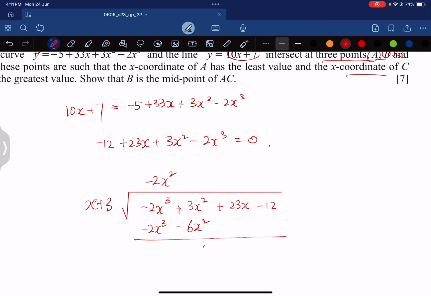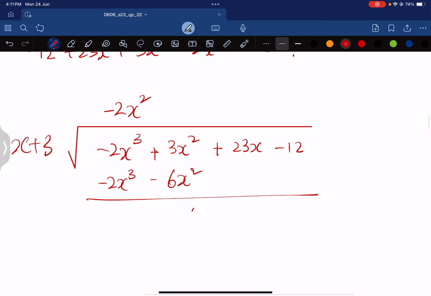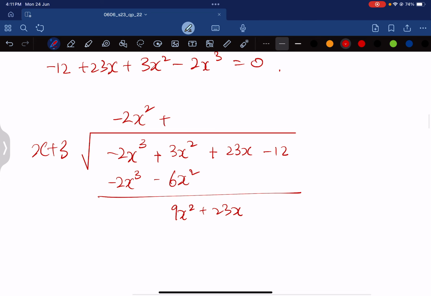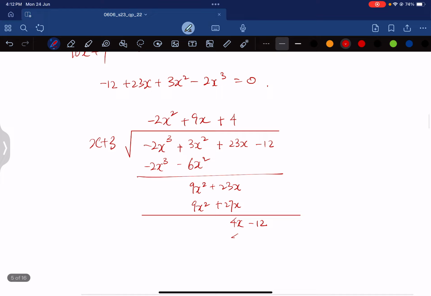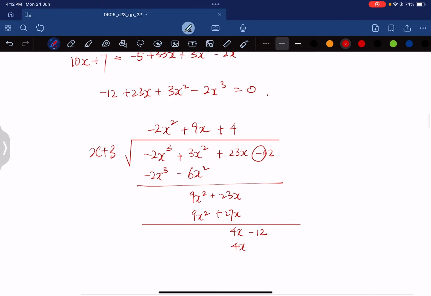Minus negative is plus, so this would be plus 6, so it's 9x squared plus 23x, so plus 9x, 9x times x, 9x squared, 9x times 3, 27x. Okay, so we have 4x minus 12. Yes, beautiful. Times 4, right? 4x, oh wait, this is negative.